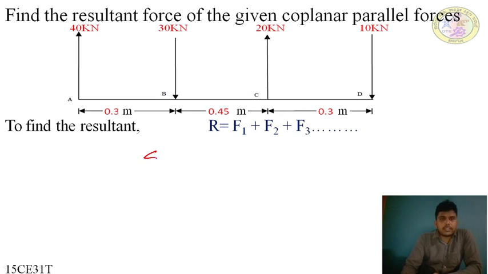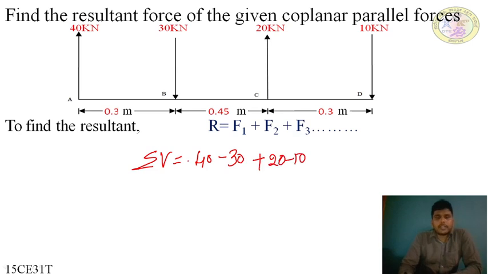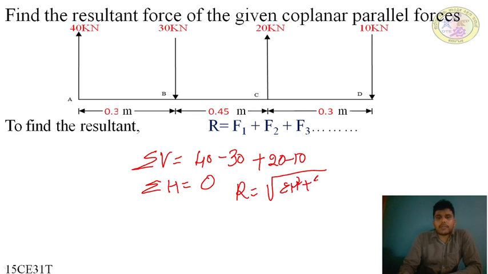Since sigma V equals 40 kilonewton plus or minus 30 kilonewton, minus or plus 20 kilonewton, minus 10 kilonewton will be the sigma V. Where sigma H equals 0, R equals the square root of sigma H squared plus sigma V squared.